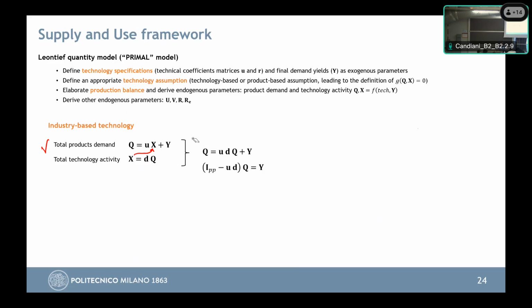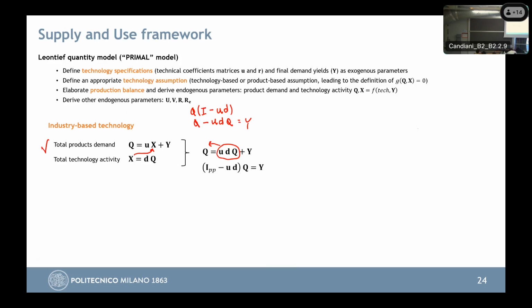If we move this piece of the equation to the left side, we have q minus u d q equal to y. Then we can group the q: q times I minus u d equal to y. Of course, I is an identity matrix with the appropriate dimensions.